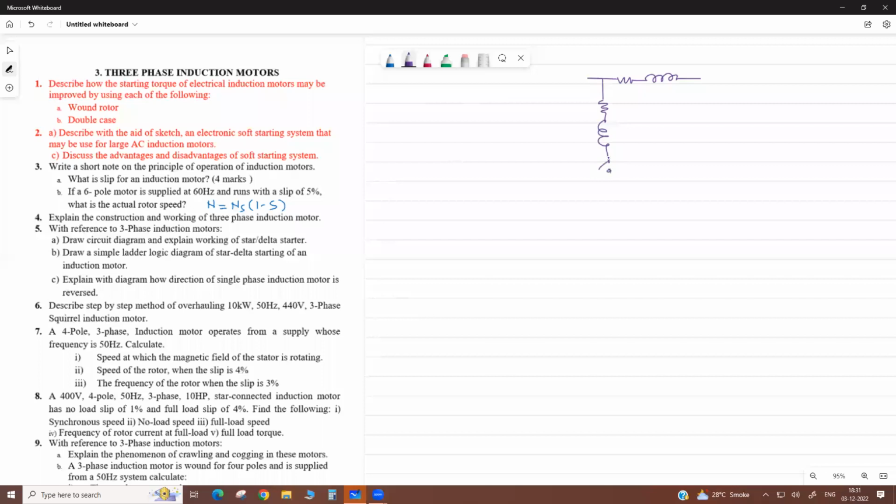The capacitor is connected with a centrifugal switch, or sometimes it is a permanent capacitor motor, then this centrifugal switch will not be there. So it is a capacitor. This is your motor terminal, phase and neutral, in single phase we apply.